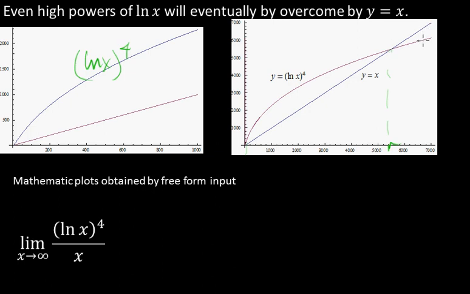And now x is on top, and natural log x raised to the 4th power is on the bottom. And the numerator will go to infinity at a rate so fast that this limit will be equal to 0. Now you could use L'Hopital's rule 4 times and see that, but I wanted you to see how y equals x overtakes that function way out on the x-axis.